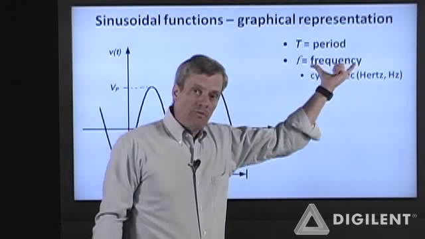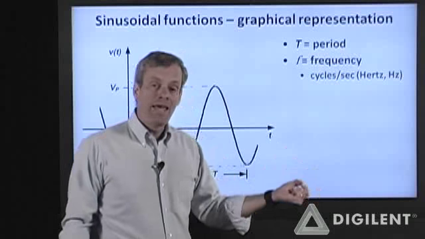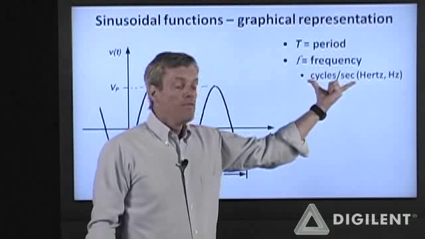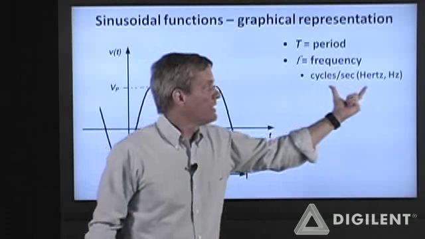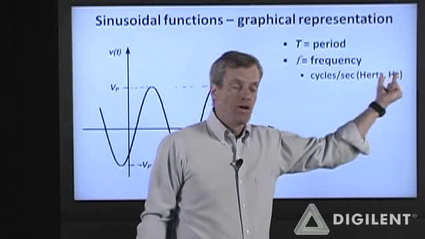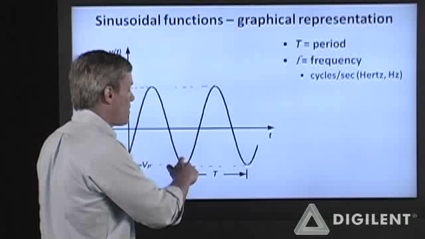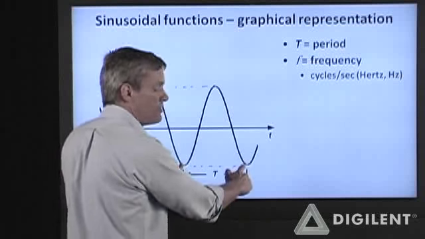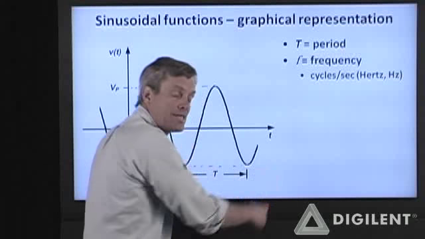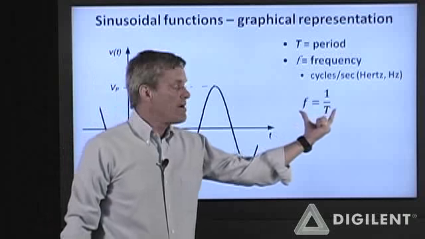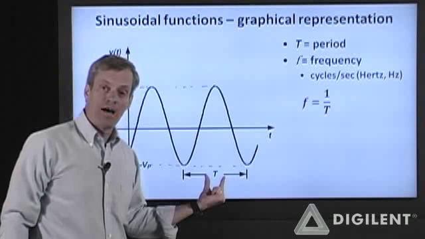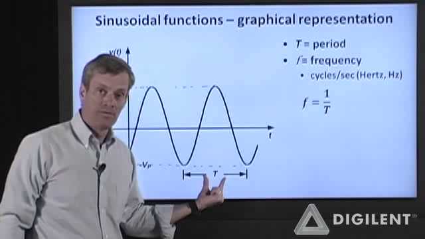Generally, when they're talking about frequency rather than omega, radian frequency, the units are cycles per second. That's abbreviated as Hz for hertz. Okay? It is the number of cycles that this sinusoid goes through in 1 second. That is numerically just the inverse of capital T.